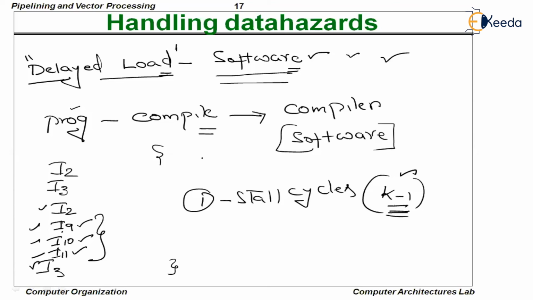So we cannot rely on this. Delayed load is one of the wonderful techniques, but you can't give me a guarantee that every compiler will have this additional code to detect and identify the dependencies between the instructions, right? So that's the reason why we cannot trust this delayed load, because it is implemented by the software designer.